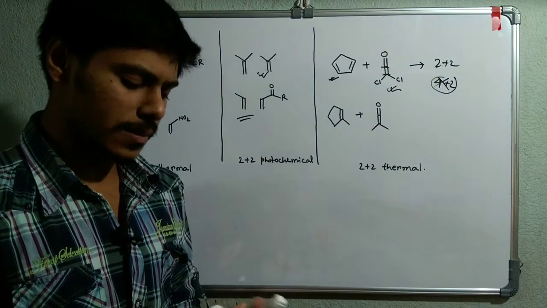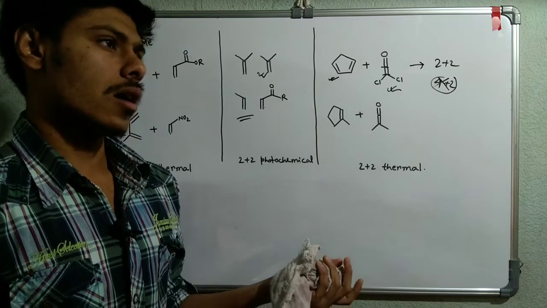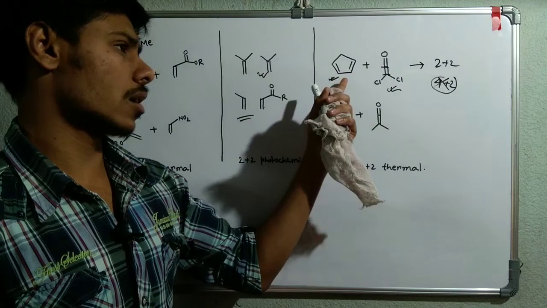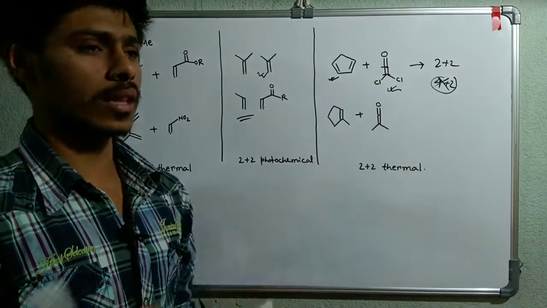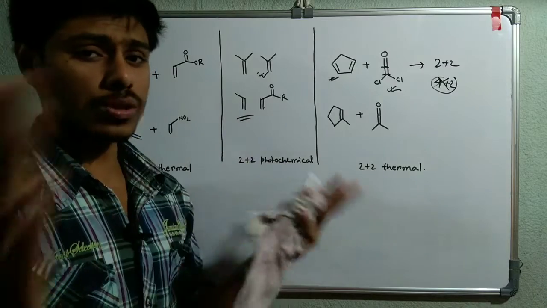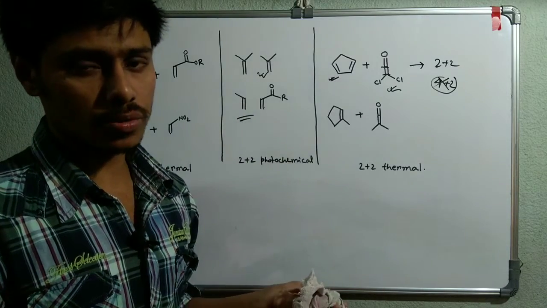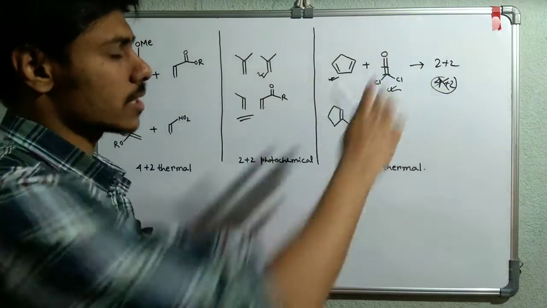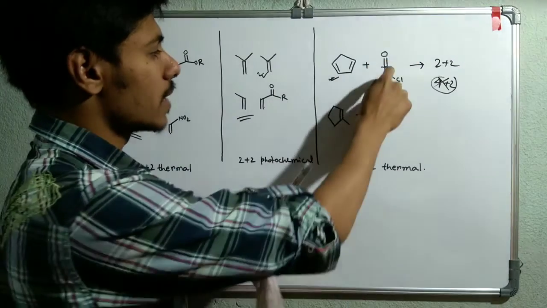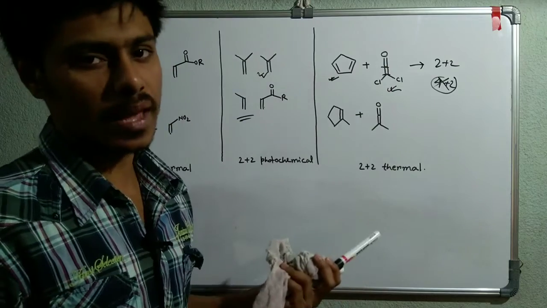Now the reason behind that may be the orbital energy matching. So maybe the diene's HOMO and its LUMO, their energy gap is too high when we consider a 4+2 reaction, but in 2+2 reaction it may be low, or the extra orbital which is present at this carbon atom, that may be the additional factor.